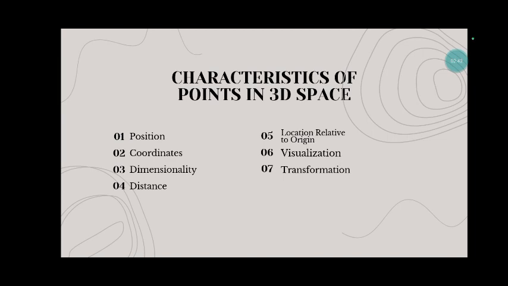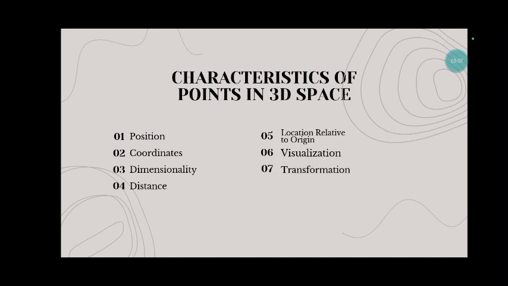Points may be located relative to the origin or any other reference point within the coordinate system. 6. Visualization. Points in 3D space can be visualized using graphical representations such as dots or markers to denote their positions within a three-dimensional environment.